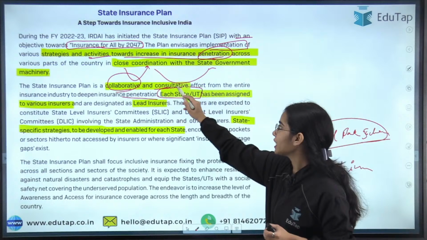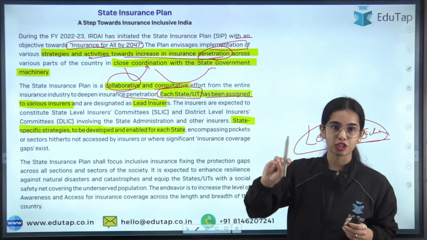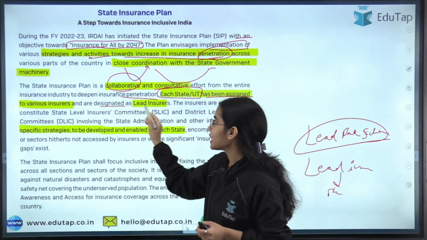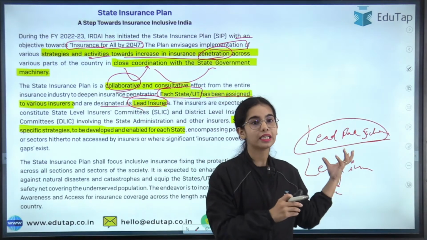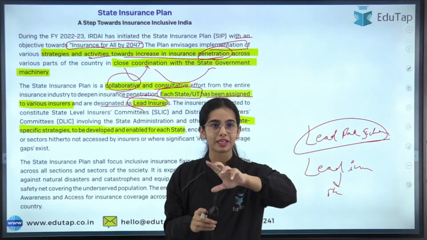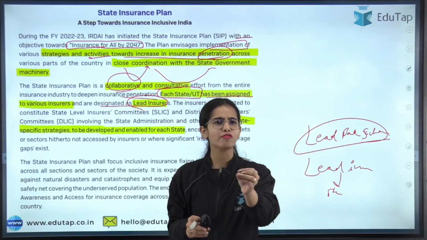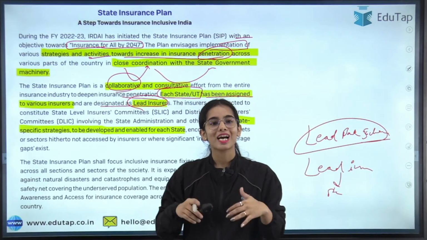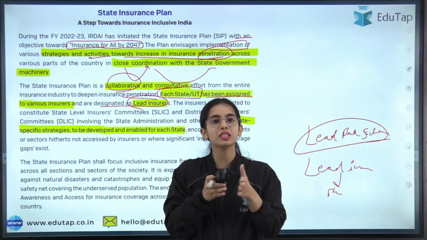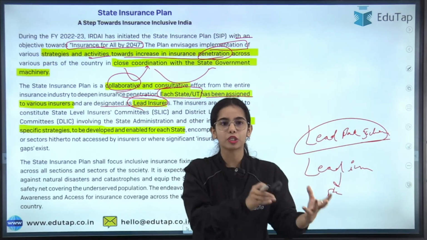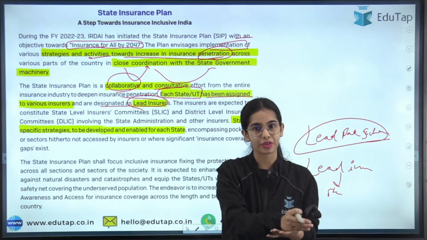Each state or union territory has been assigned to various insurers, designated as lead insurers. Just like the lead bank scheme, for different states a lead bank, or more than one lead bank, has the responsibility to deepen the banking system in that state or union territory.